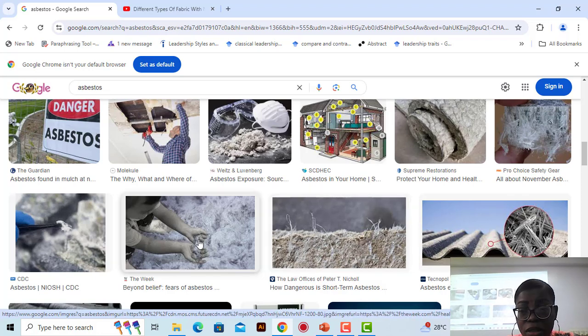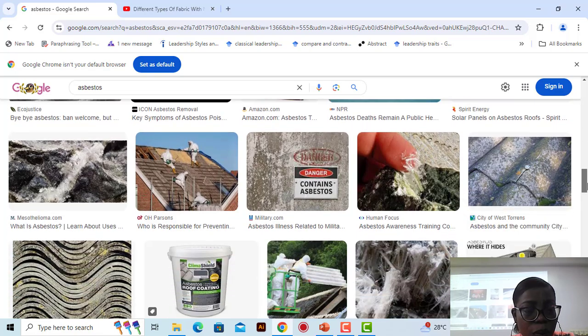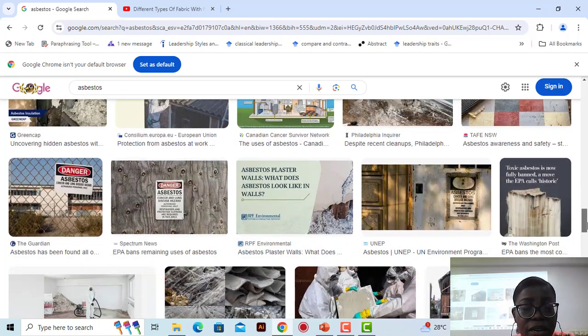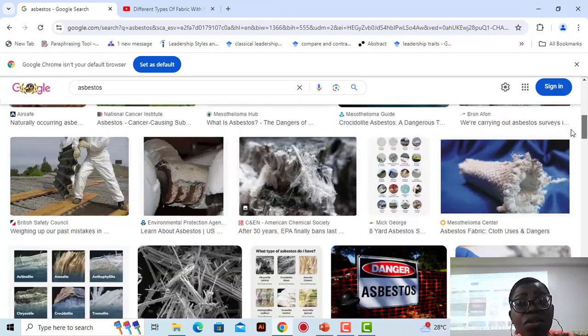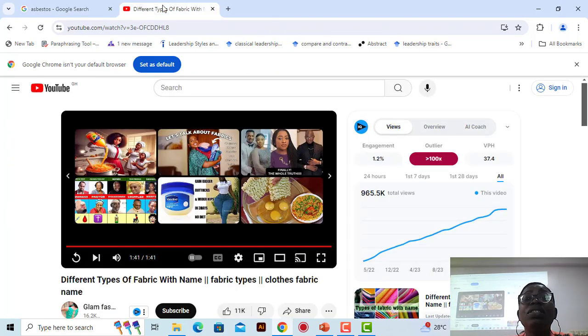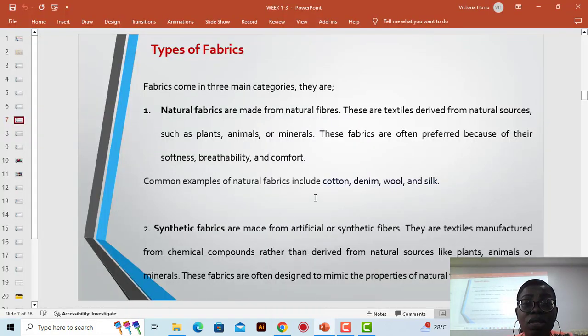So they are from the soil, they are natural. So this is gathered from that part of the earth as a natural element, and then it's been processed and used for so many things. Meanwhile, this class is not about going into details with what the fibers are used for, so we'll stick to this. In another class maybe we'll meet in that.